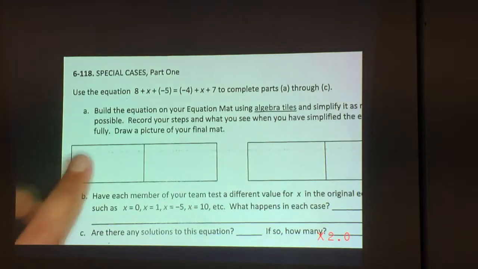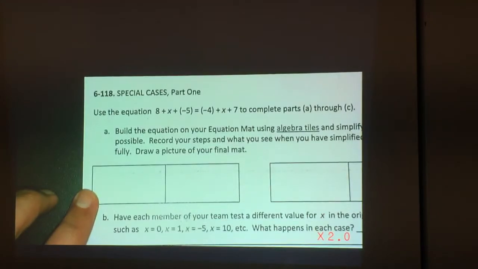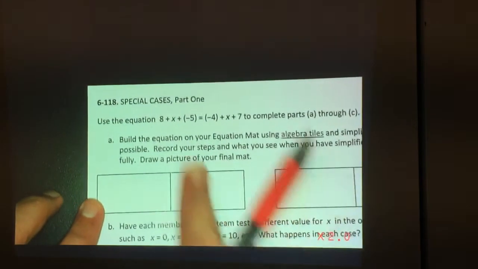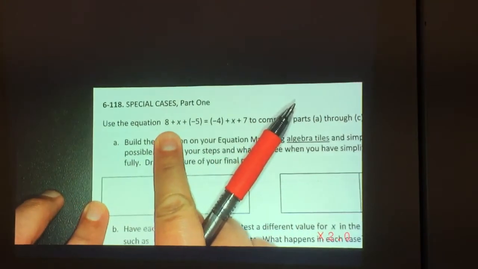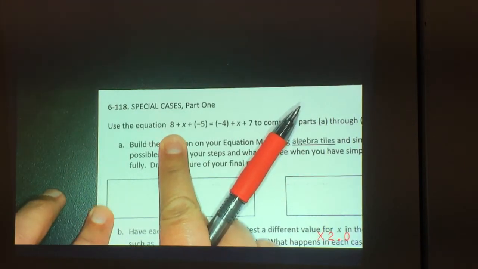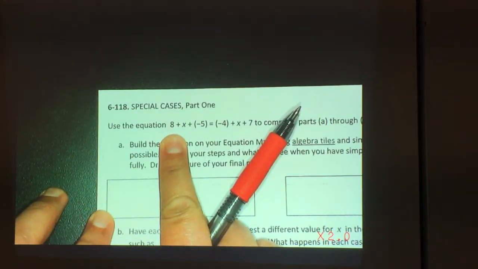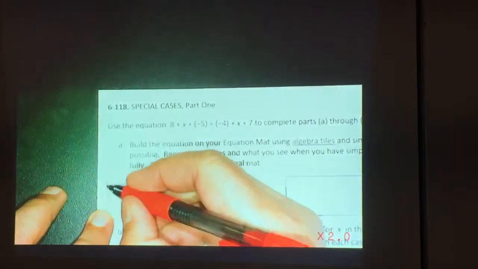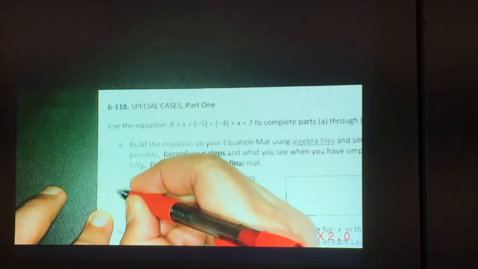Okay, so on this mat, what would 8 look like? 8 positives. Okay, those are little squares, but are they shaded or not shaded? Can you remember? I'm going to draw them while you think if they're shaded or not.